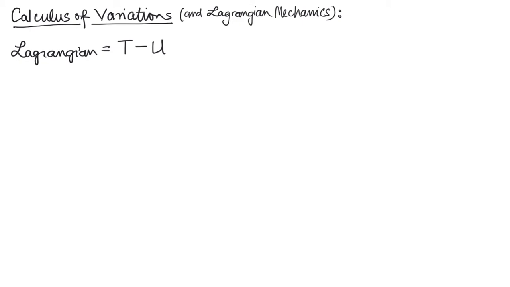What we learned is that if you write down the Lagrangian and you compute something called the action, which is the integral of the Lagrangian, then objects in nature take trajectories that give extremal values for that action. So we have this quantity called the action.